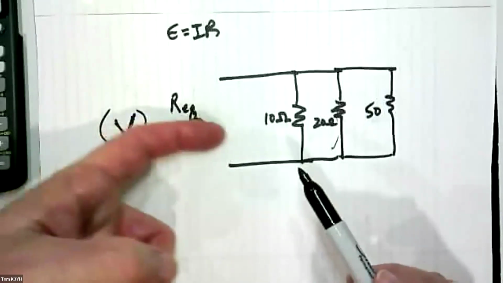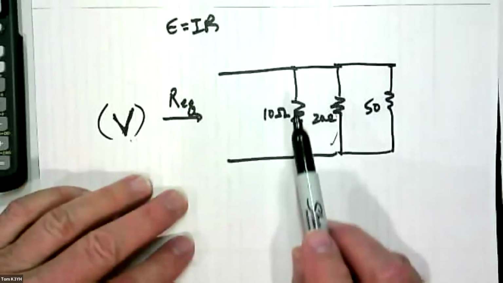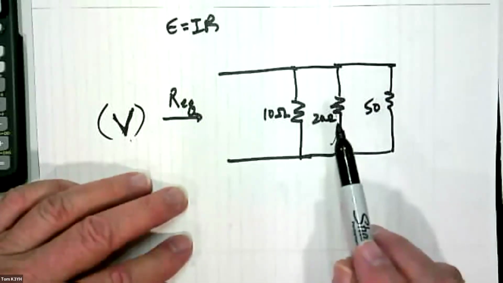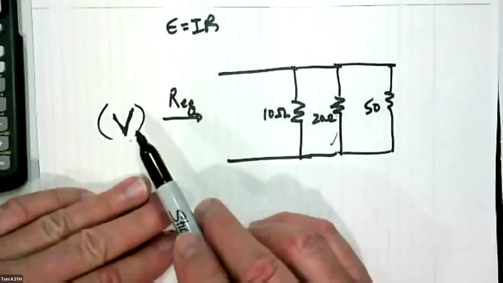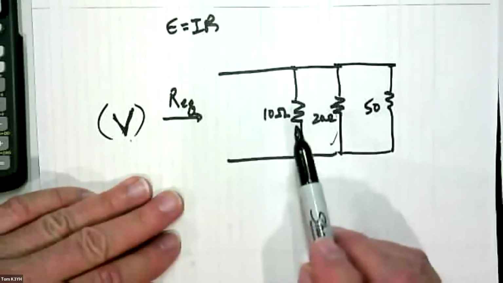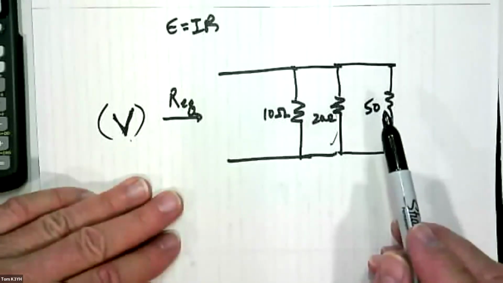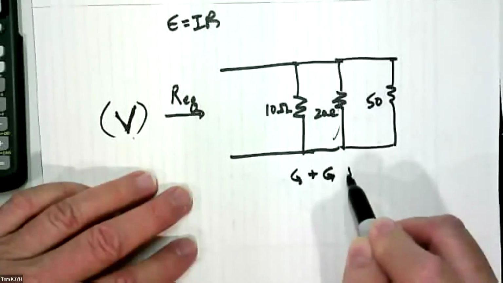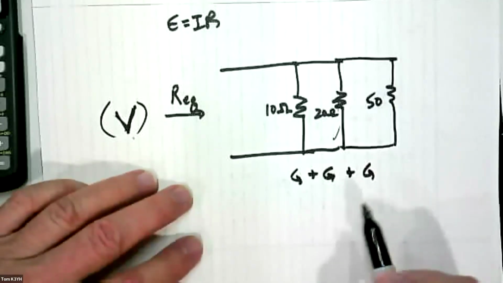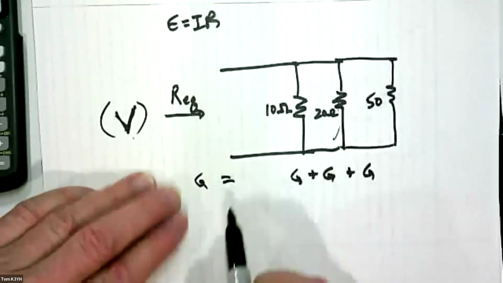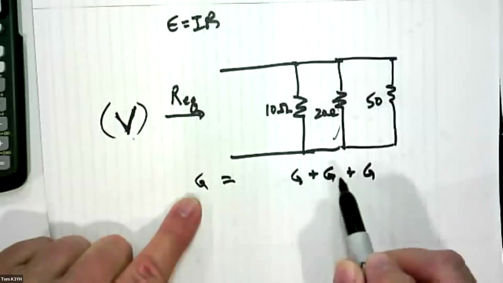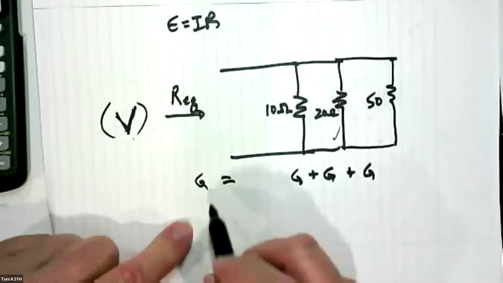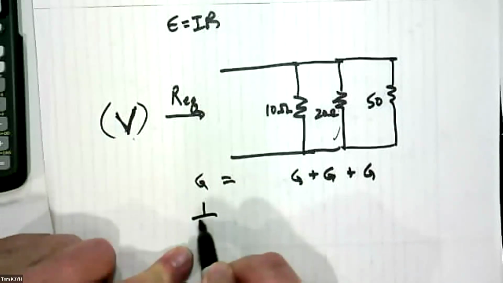And again, the equivalent resistance, looking in on the left. This is still 10, this is still 20, and this is still 50. And they're each pulling the amount of current that it will take I times R to get this voltage. So one way to look at this is that I'm adding conductance. The symbol for conductance is G, so I'm adding G plus G plus G. So the total conductance G is equal to this conductance plus this conductance plus this conductance. And G is the inverse of the resistance.